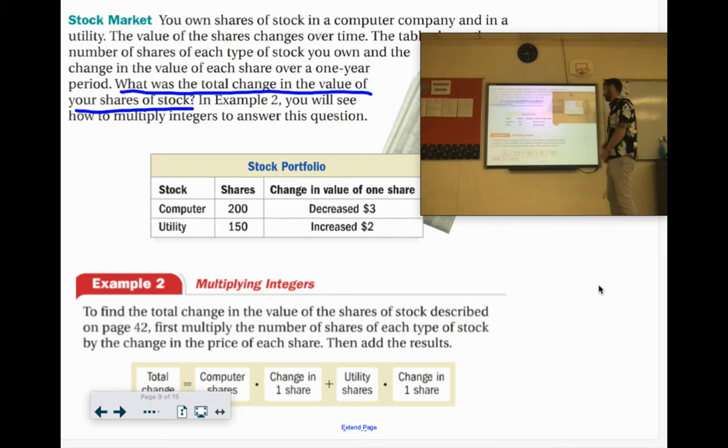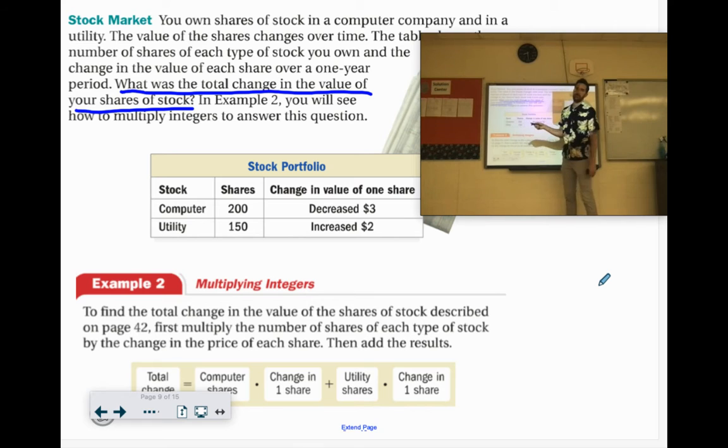Find the total change in the value of the shares of stock described on page 42. That's this one right here. First, multiply the number of shares by the change in price of each share, then add the results. So the computer, we had 200 shares and it decreased by $3. So decrease would indicate negative.